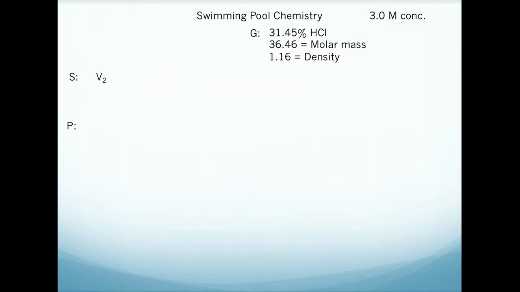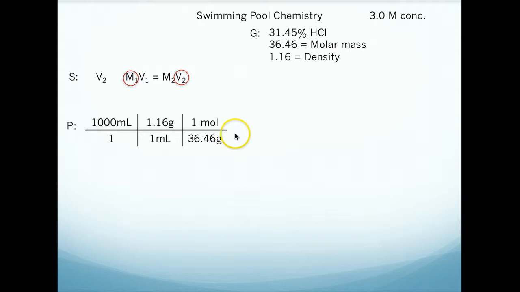Well, we also don't know the beginning molarity because the MSDS doesn't tell us exactly how concentrated that is, but we can figure it out from the givens that we have. So we don't know the ending volume and we don't know the beginning molarity, but we have enough data that we can figure this out.